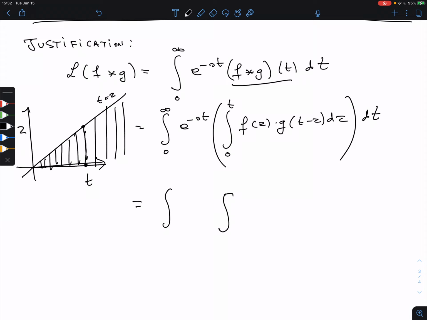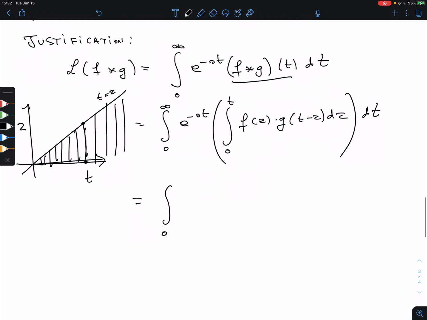Let me do it in two steps, because otherwise it might be a little too quick. First of all, this integration with respect to z, there's no harm in bringing it inside, so that our integral signs come next to each other.